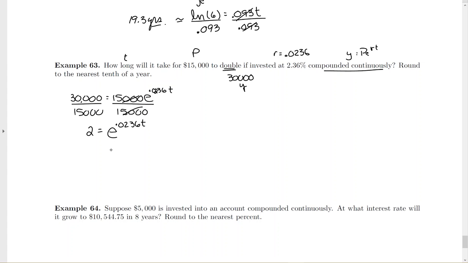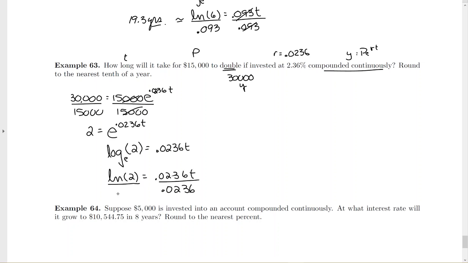You've got an exponential, so to get rid of that, you use a logarithm. Log base e of 2 equals the power. Remember, you're always setting the logarithm equal to the power. Log base e is natural log. And then solve for t. So you can see they all have about the same method of solving.